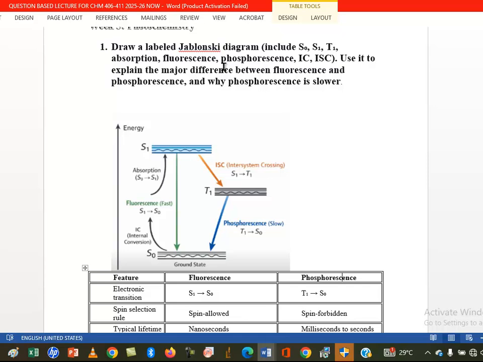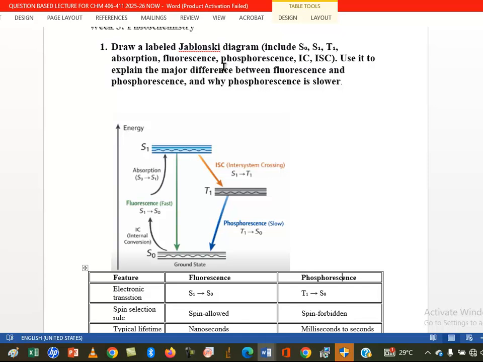For example, you can see some rosaries, like the Catholic rosaries. When the light goes off, it will glow for a long time before it finally dims and stops glowing. That's phosphorescence occurring. Nowadays you also have some waistbands that are phosphorescent.